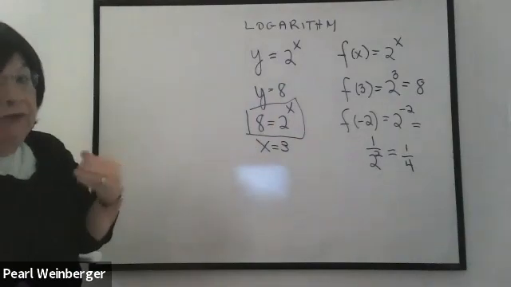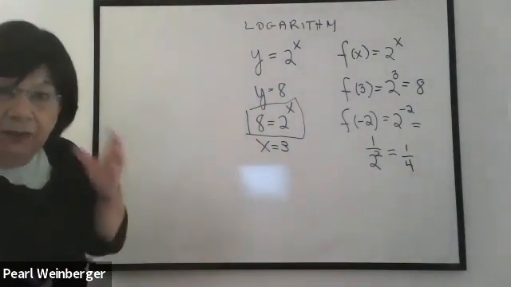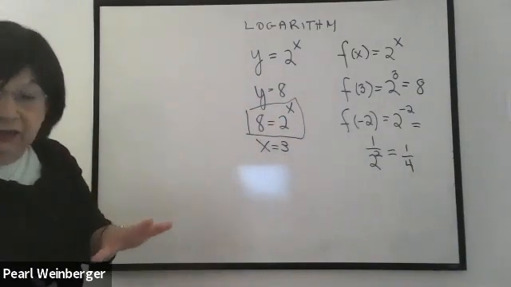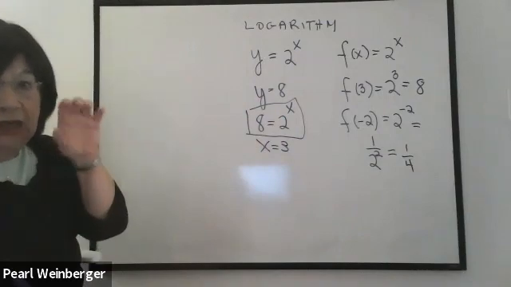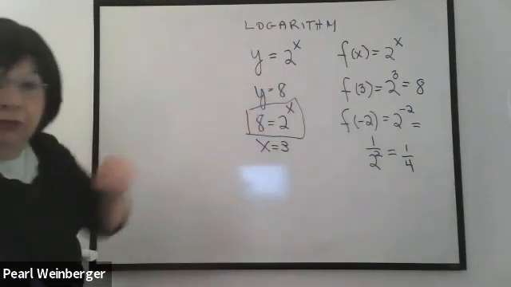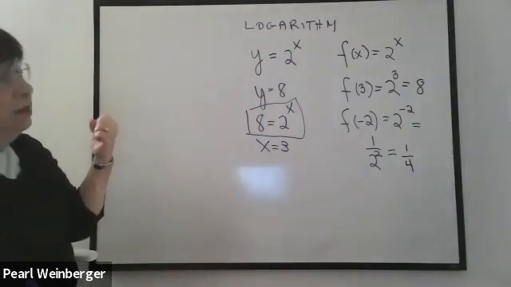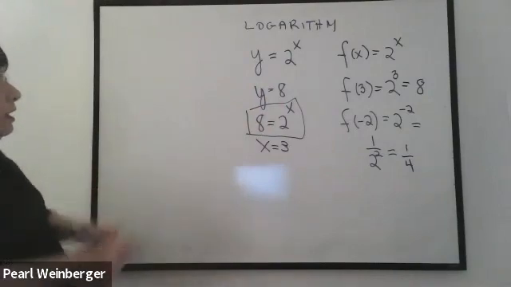The logarithmic form of an equation gives us the exact same information that the exponential form does, except it's focusing on getting the exponent as opposed to getting the final number when you have the exponent.